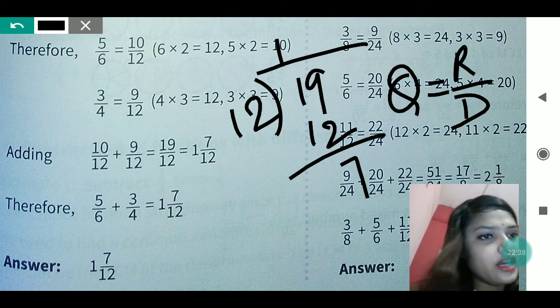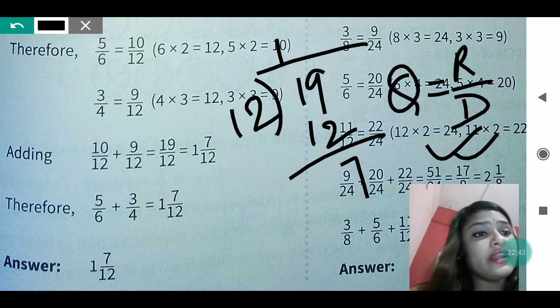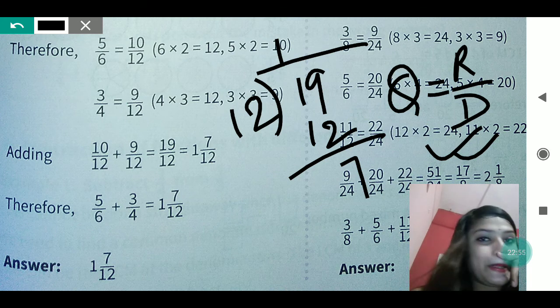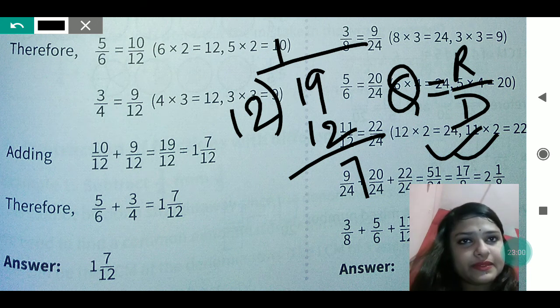Remainder by the divisor. According to this formula only, we write the number as a mixed fraction. So the mixed fraction we have got is 1 and 7 upon 12. That is the lowest form of this.